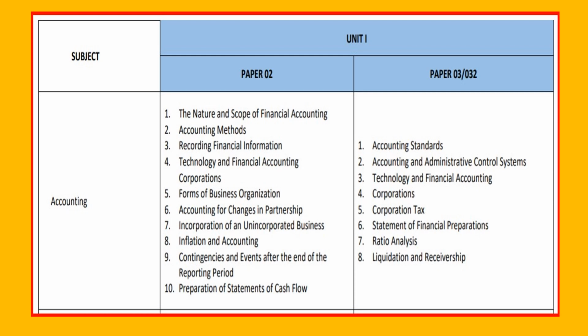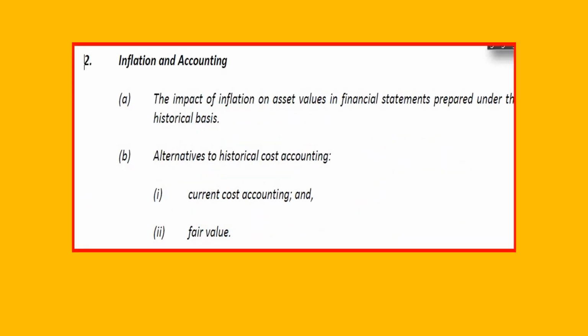So we're going to look at Module 3 now. These three: inflation accounting, contingencies, and events after the end of the reporting period, and preparation of statements of cash flow. In inflation accounting, we're going to look at the impact of inflation on asset values in financial statements prepared under the historical cost basis.